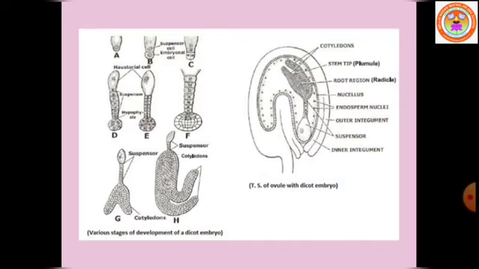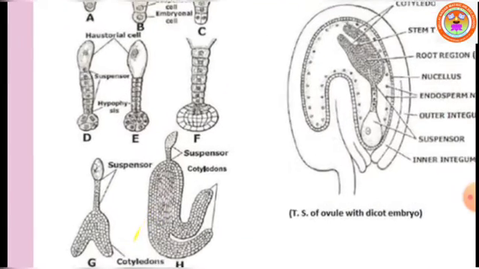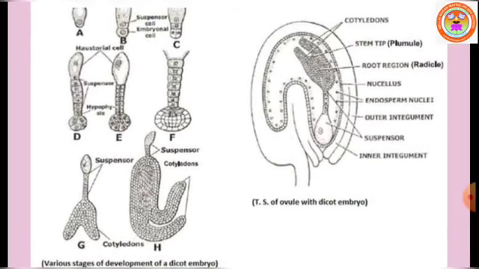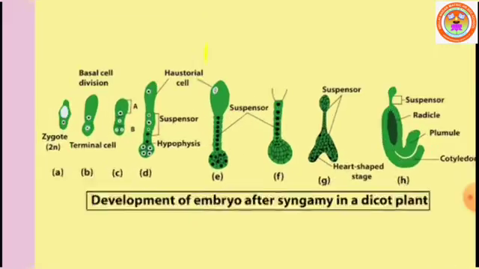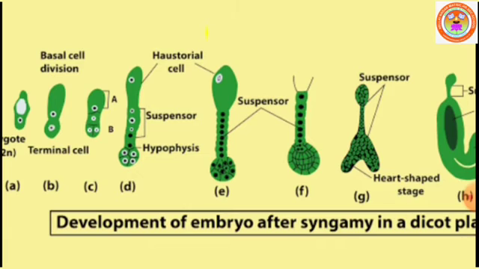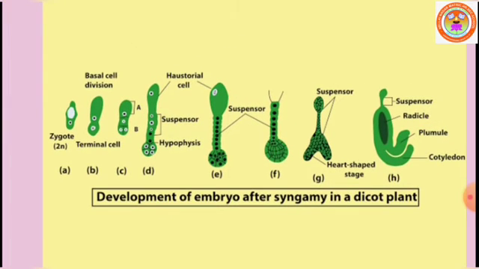A second vertical division at right angle to the first one takes place in the terminal cell, forming a four-cell stage called quadrant, in diagram D, in which you can observe the four-cell stage.